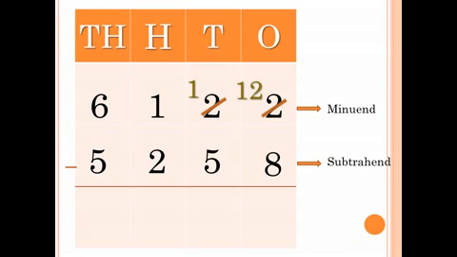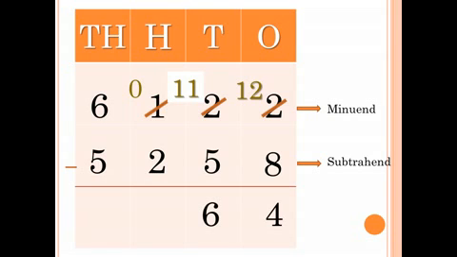So 12 minus 8 is 11, 10, 9, 8. We get 4. Now in the tens place it is 1, so we borrow from the hundreds place, we get 11. So 11 minus 5 is 10, 9, 8, 7, 6. So the answer is 6.